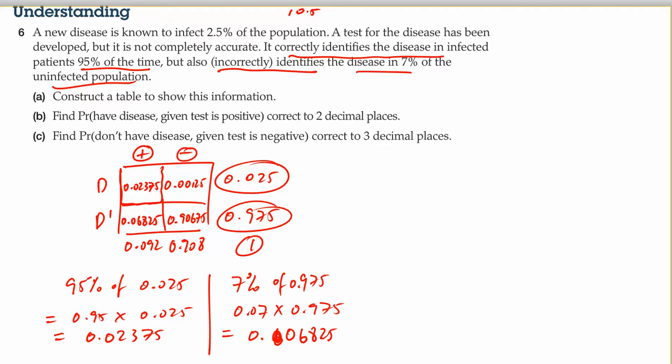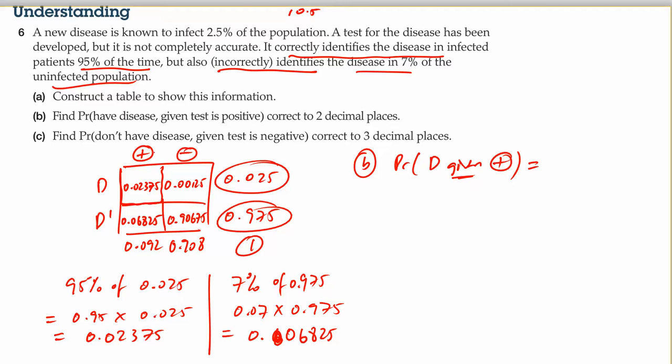We just need to find out the conditional probabilities for part B and C. So the probability that they have the disease, I use shorthand D, given that they test positive. In other words, what is the probability that they have the disease and the test says they have the disease? We always look at what's given.